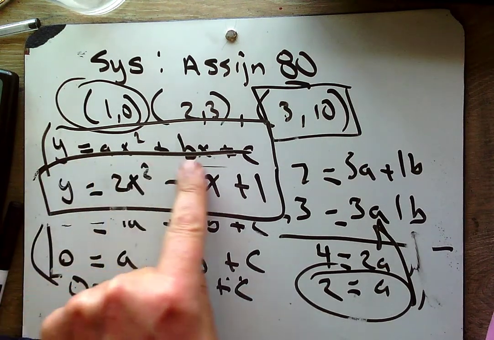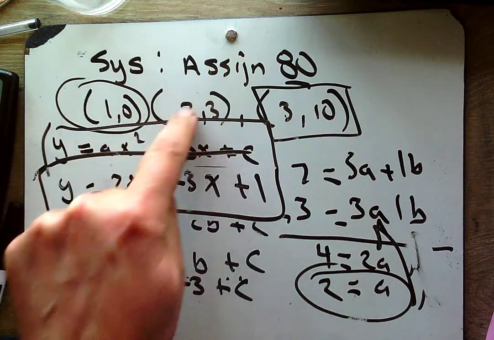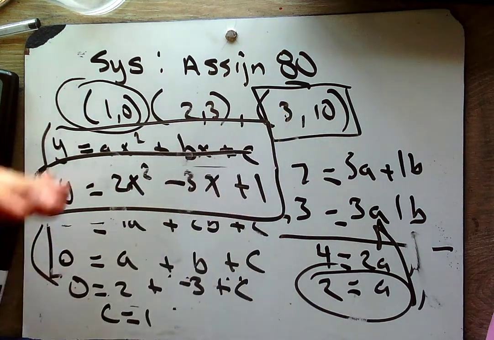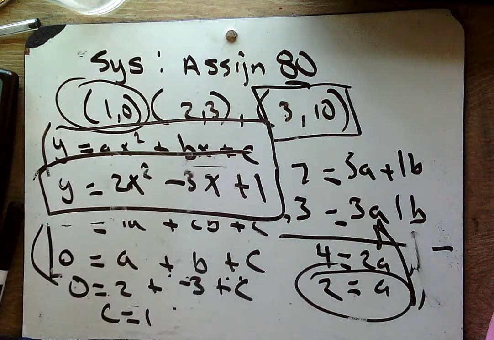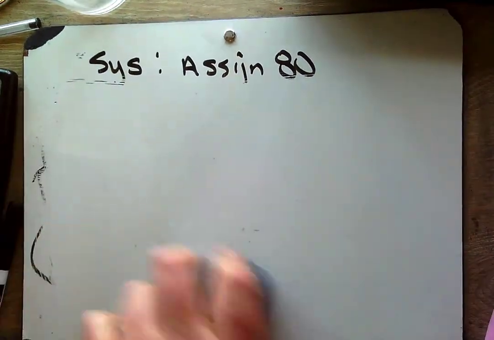Remember, you want to use this general form. You want to plug each ordered pair in to generate a separate equation for each ordered pair. It's solving that three-variable system that allows you to find out what a, b, and c are, and therefore to write the equation of the parabola.